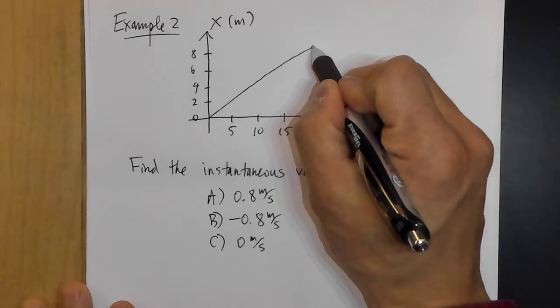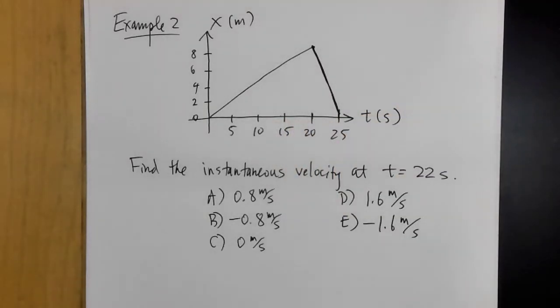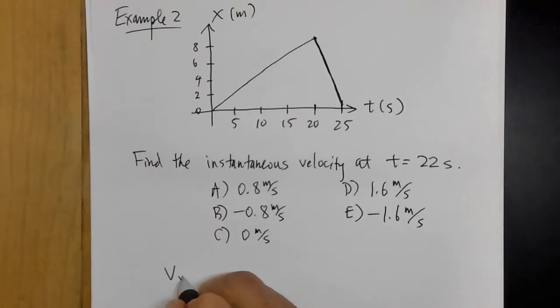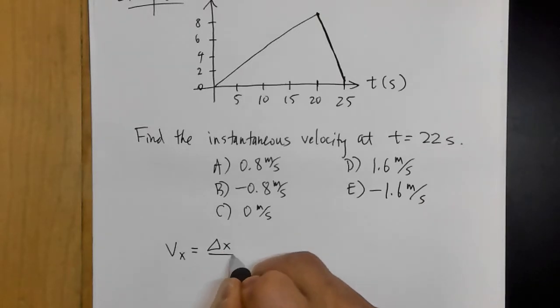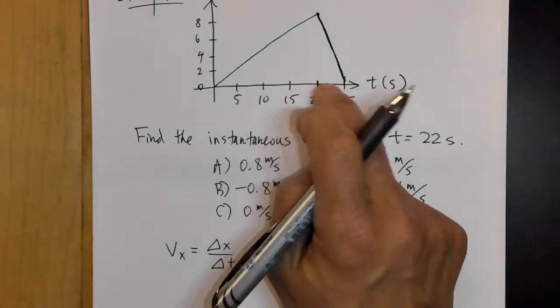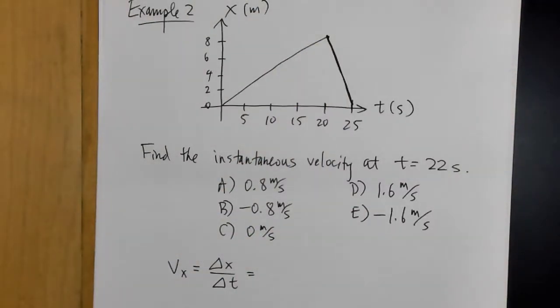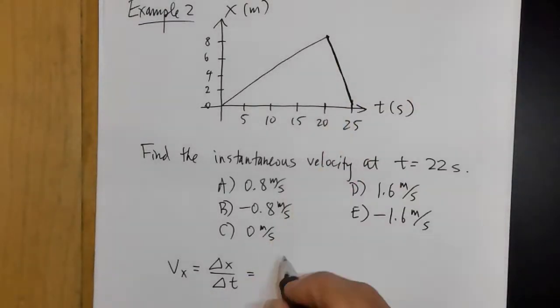Okay, so I'm going to take these 2 points, 20 seconds and 25 seconds as being the initial and the final time. So I can calculate Vx by taking delta x over delta t. And I can choose a rather fat interval because it won't change the answer because it's constant velocity. Okay, so the delta x, the final is 0 meters.